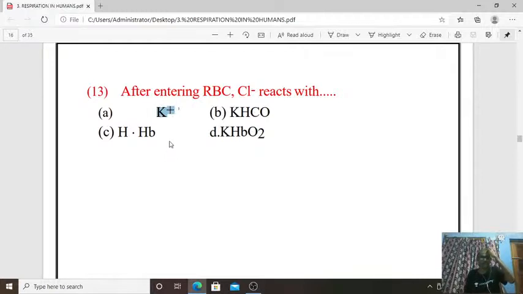So potassium chloride is going to be formed. That is the involvement of the chloride shift mechanism. An equal amount of chloride ion is shifted from our plasma into the RBC of the blood, and that entered chloride ion will react with the potassium ion.